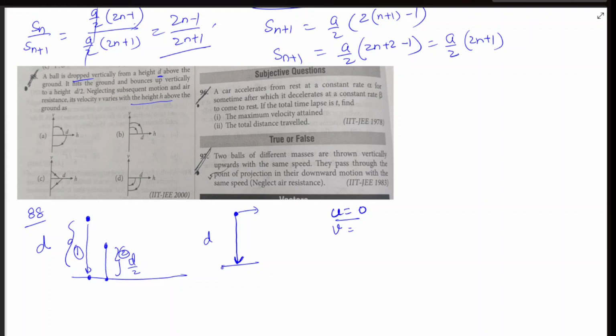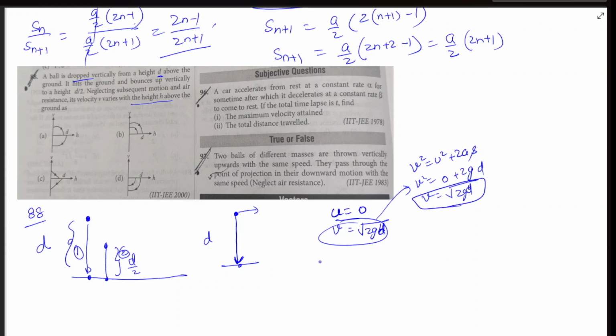So the velocity after it reaches here will be root 2gd. You know how that comes out, right? We can use the third equation: v square equals u square plus 2as. v square, u is 0, plus 2gd, so v turns out to be root 2gd.